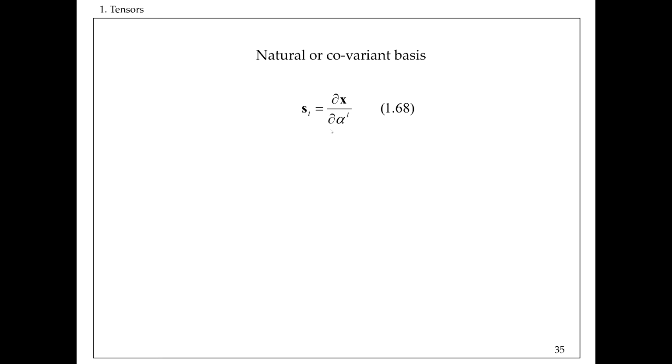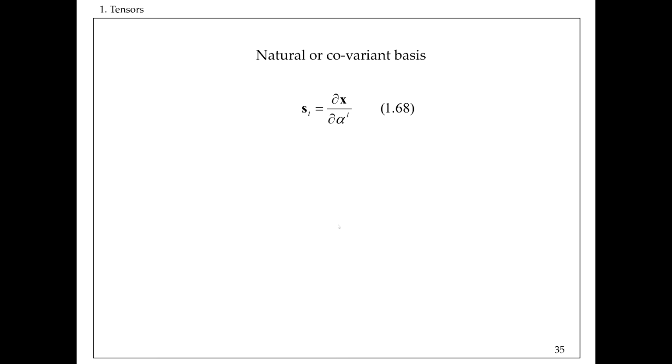You can see that the index we put here will not be a superscript for them. That is used to distinguish this natural or covariant basis from the dual or contravariant basis vectors that we'll introduce next.